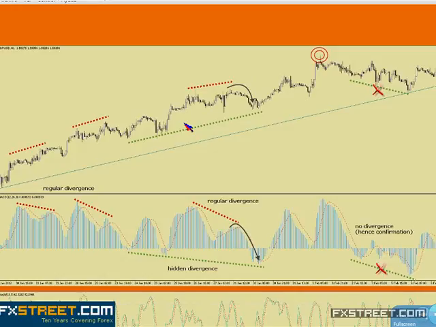Here is the pound dollar, a recent chart taken from yesterday on the 1 hour chart, and using the MACD, we see several examples of regular divergences along the trend. And here is a situation that happens a lot: during a trend, the divergence setups that are printed do not carry a convincing reversal in price.